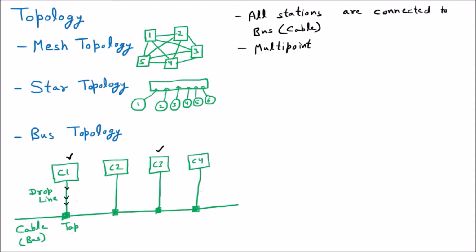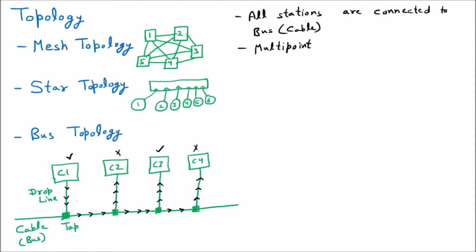If the data is going like this, obviously it will move to C3 as well as to all the computers. Although C2 is not going to take it and C4 is not going to take it, still the data is sent to everyone. C2 will discard it, C4 will discard it, and C3 will accept it, but still it is broadcasting. It is multi-point. That is not good.